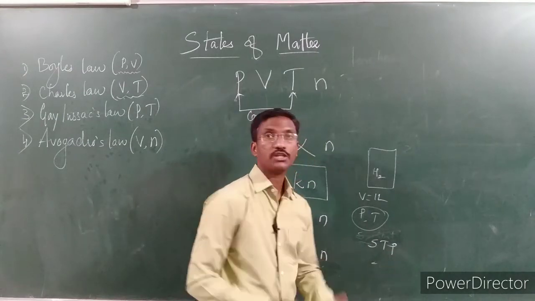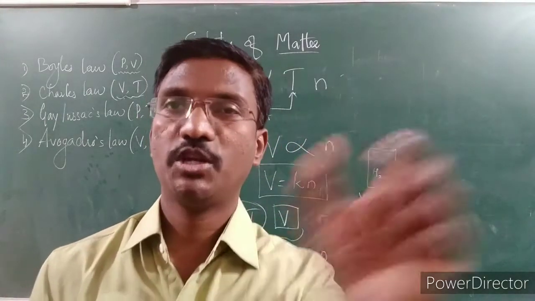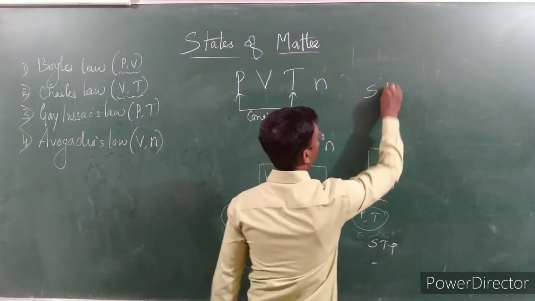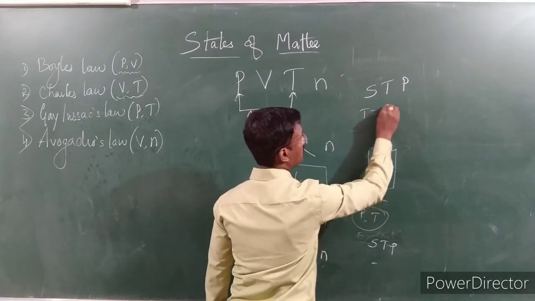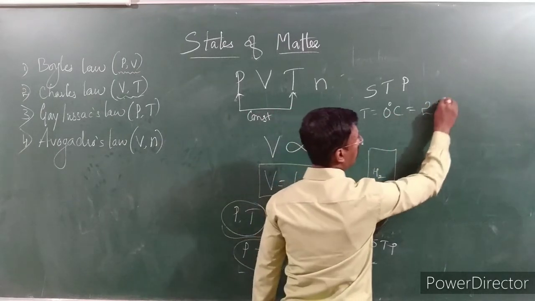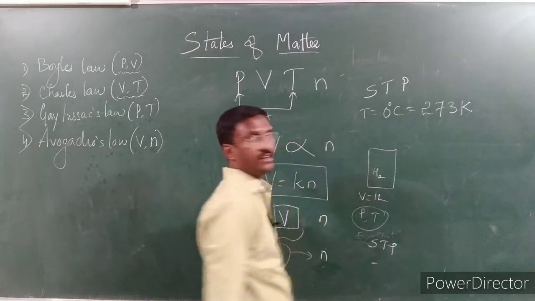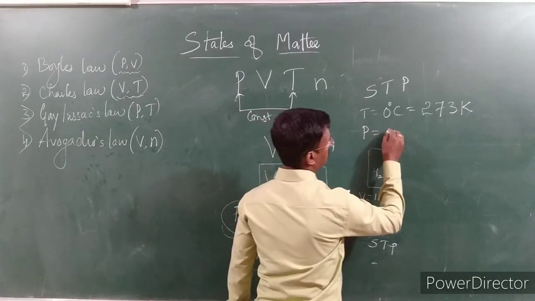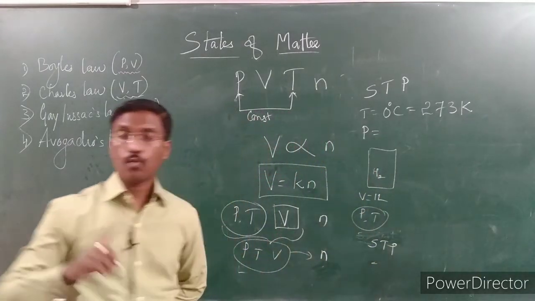Standard temperature and pressure is nothing but what? Standard means fixed temperature and pressure. How much fixed? For standard temperature and pressure, we take the temperature as 0 degrees Celsius. That 0 degrees Celsius is, according to Kelvin, 273 Kelvin, called the standard temperature. Even the pressure, we call it actually 1 bar.